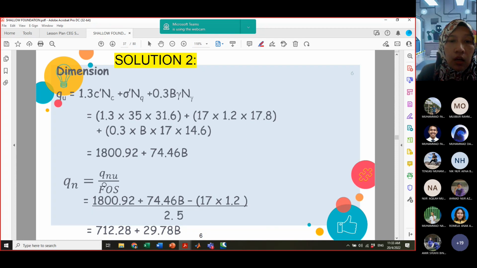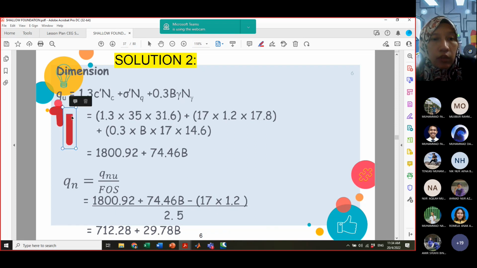And then how to get the Q net? So yang ni pun dia menggunakan overestimation Q net lah, yang mana dia terus Q ultimate ataupun Q f bahagi dengan FOS. So I forgot to tell you is that QU ni sama dengan QF lah. Ada setengah buku dia guna QU, ada setengah buku dia guna QF.